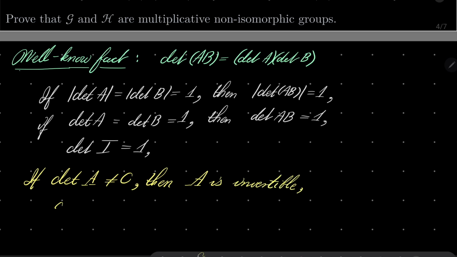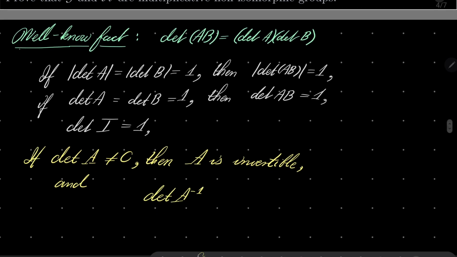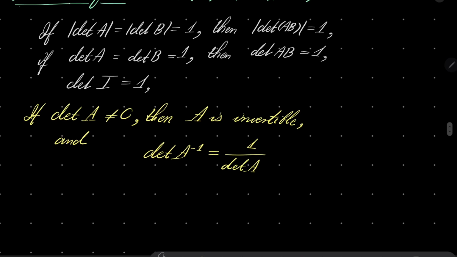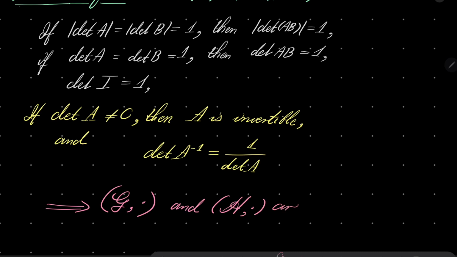And moreover, the determinant of this inverse matrix is 1 over the determinant of our matrix A. In particular, if this is 1, this is also 1, or if this has the absolute value of 1, this also has the absolute value of 1, which all these facts mean that G with multiplication and H with multiplication are groups.